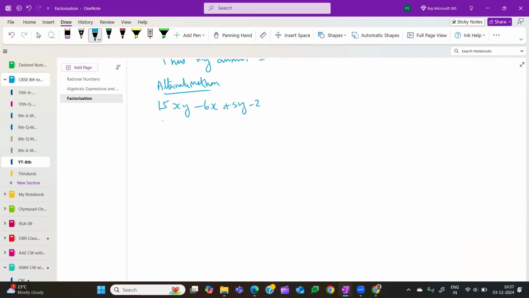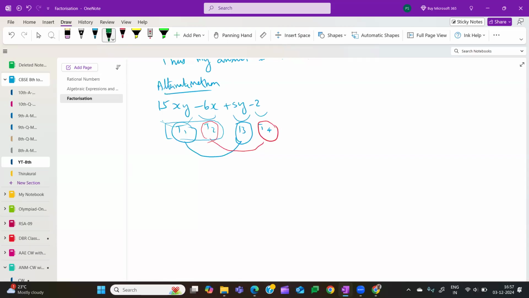This can be grouped as term 1, term 2, term 3, and term 4. Originally, we grouped T1 and T2. Now we are grouping T1 and T3. Then T2 and T4 we will group.